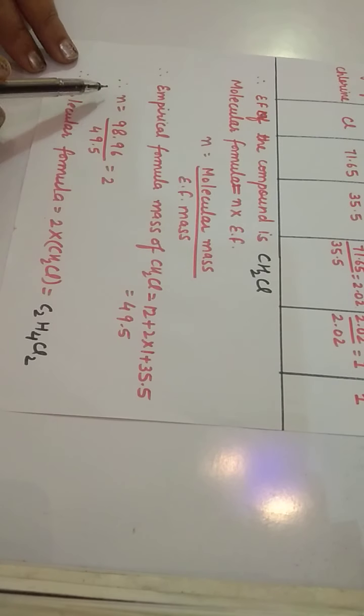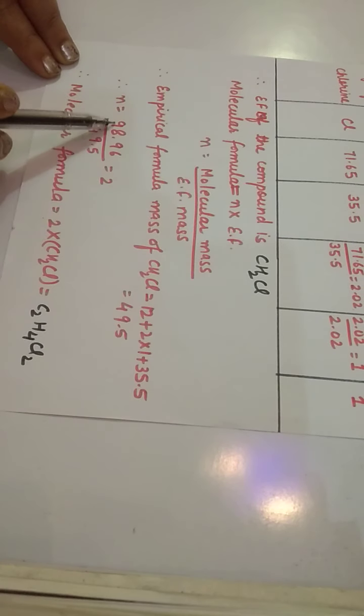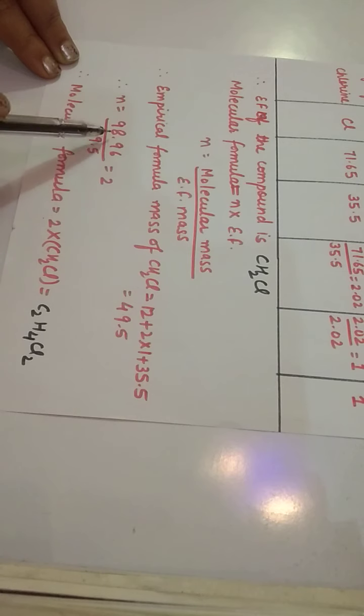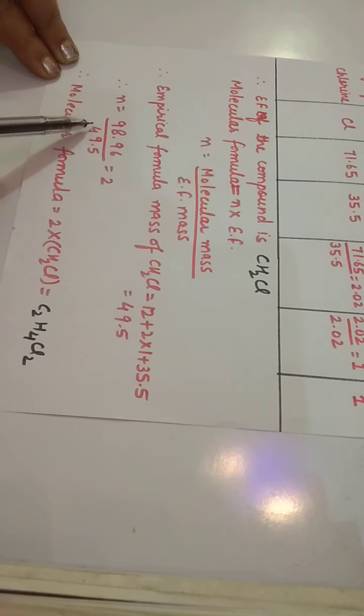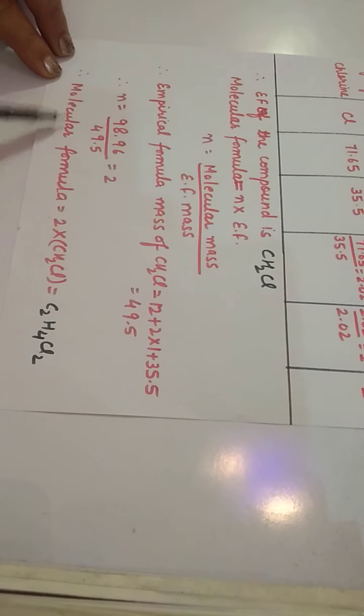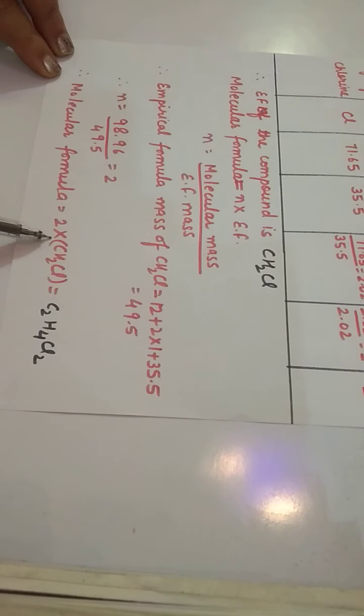So we got the empirical formula mass, and in the question the molar mass is given as 98.96 gram. So we'll put the value in this. n is equal to molar mass, that is given in the question, 98.96, divided by empirical formula mass we just calculated, 49.5. It came out to be 2. Now the formula for molecular formula is n into empirical formula. n came out to be 2 and empirical formula came out to be CH2Cl.